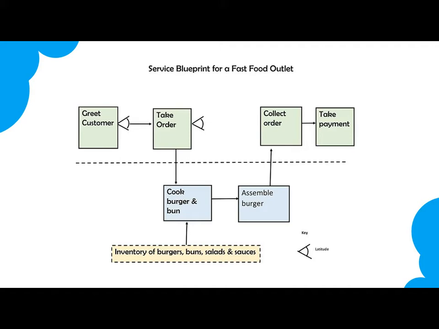After that, cook burger and bun. Here, this cooking will be supported by inventory of burgers, buns, salads, and sauces. After cooking burger and bun, assemble the burger, then collect the order from the customer and then take payment from the customer. So this is the typical example of a fast food outlet where the customer is ordering a burger or a bun.